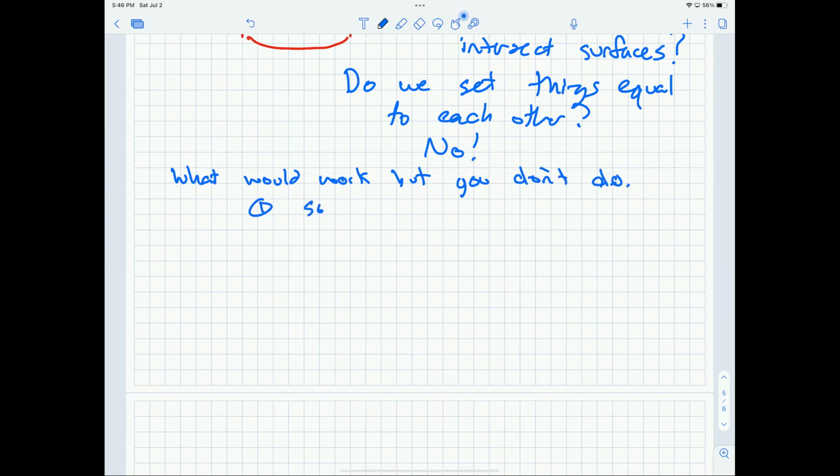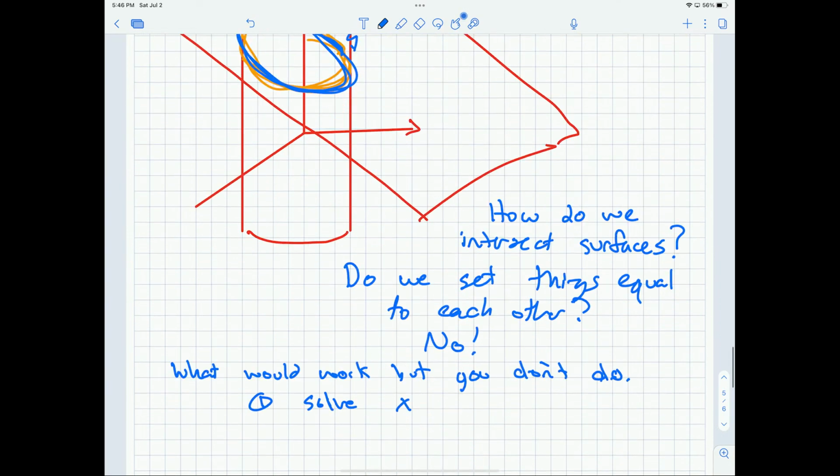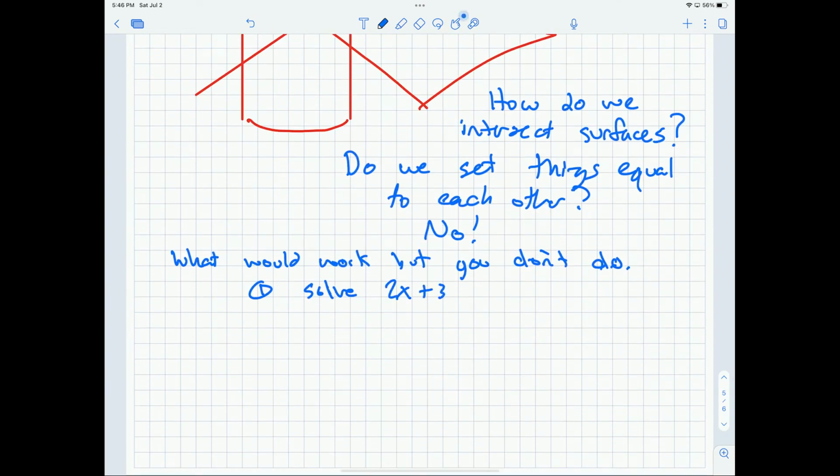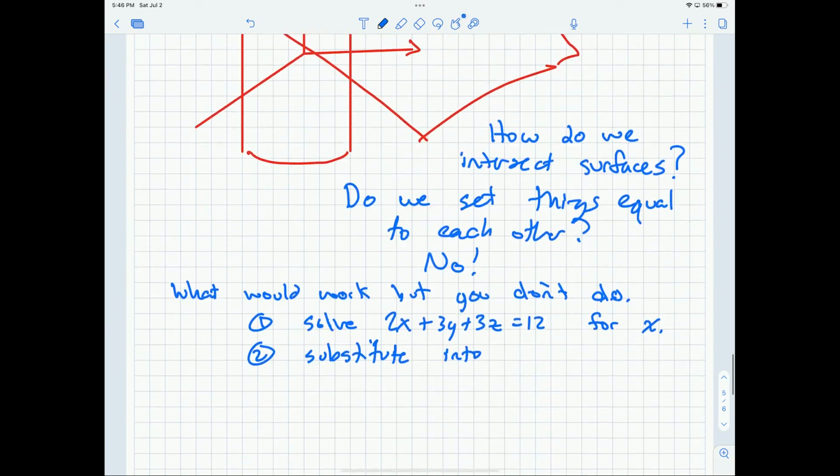1. Solve the plane. I don't remember what it was. 2, 3, 4. 2x plus 3y plus 3z equals 12 for a variable. Let's say for x. 2. Substitute into the other equation, x squared plus y squared equals 9.